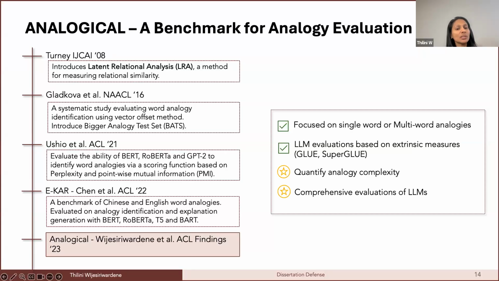So we try to quantify analogy complexity, not just word level, but we try to see what are the other levels there that we can use. And also, we do comprehensive evaluations on LLMs. So previously, other researchers actually did this evaluation, but on a limited set of LLMs. So we extend that work to more LLMs also.